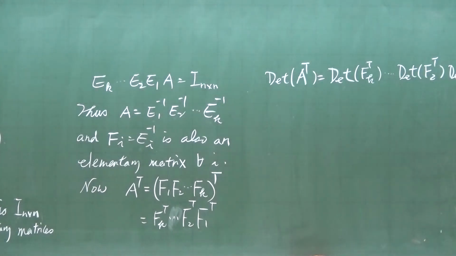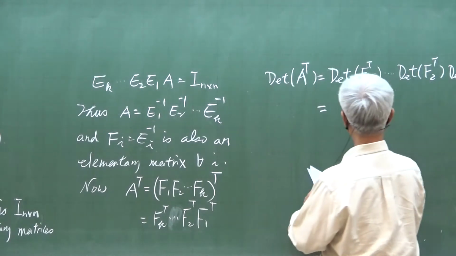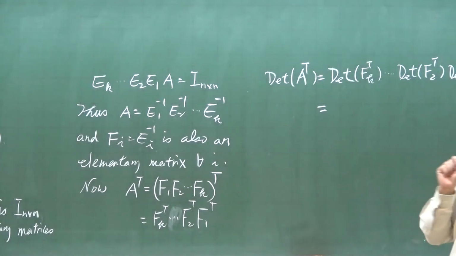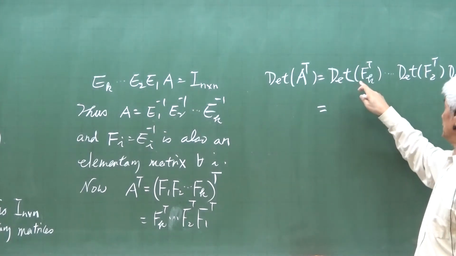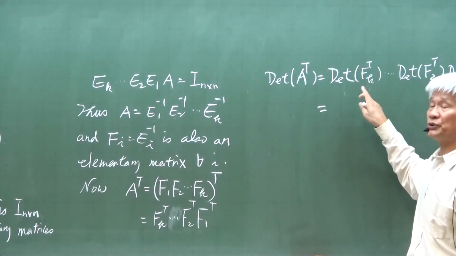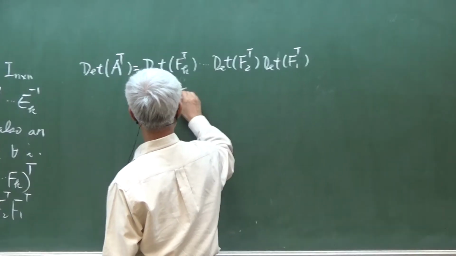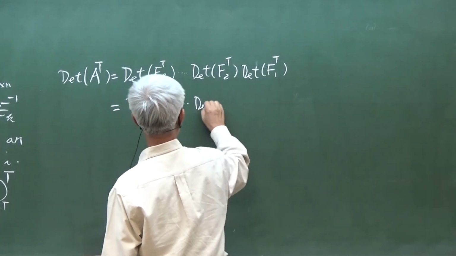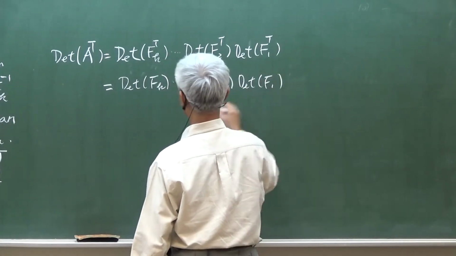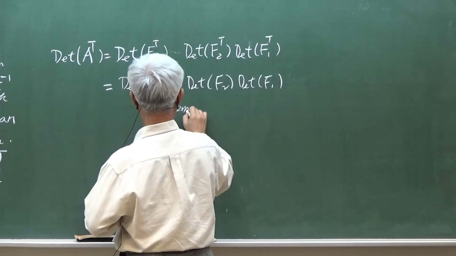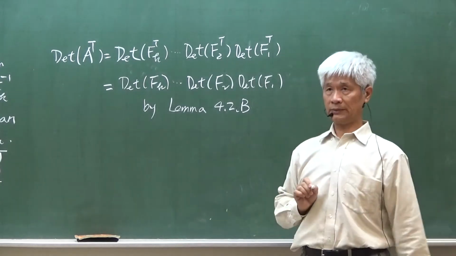Okay, but we have proved a lemma that for elementary matrices, the determinant of its transpose is equal to the determinant of itself. So this is the determinant of Fk, up to the determinant of F2, determinant of F1, by lemma 4.2.3 we proved last week.